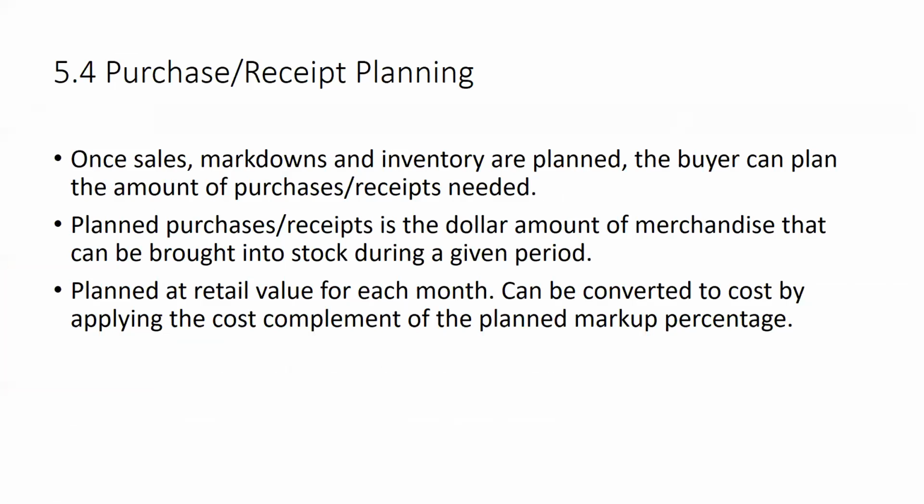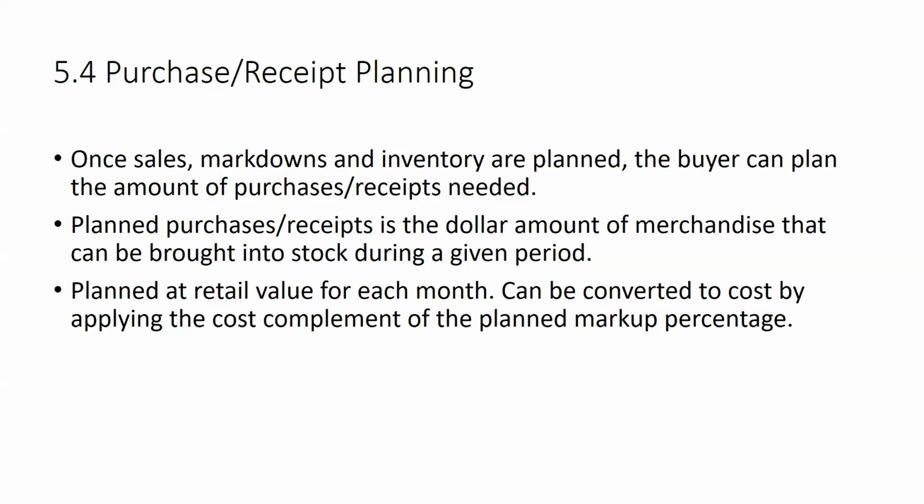So the first part of what we looked at was the stock planning method using the stock to sales ratio method. Now, the next part of your merchandise plan would be to plan your purchases or receipts, which would basically depend on all your other aspects or elements of merchandise plan, which we have done till now, which would be sales, markdowns, inventory, which would be BOM and EOM.